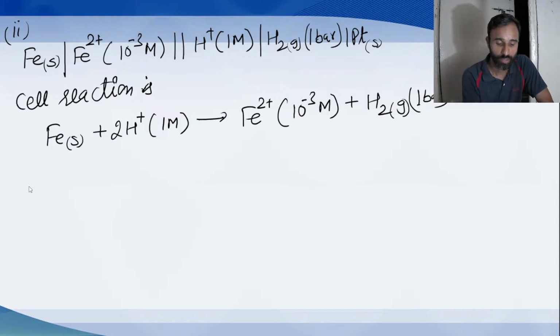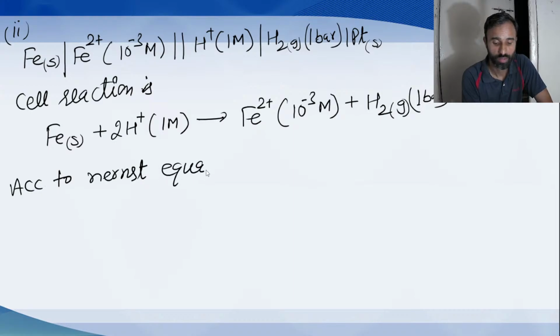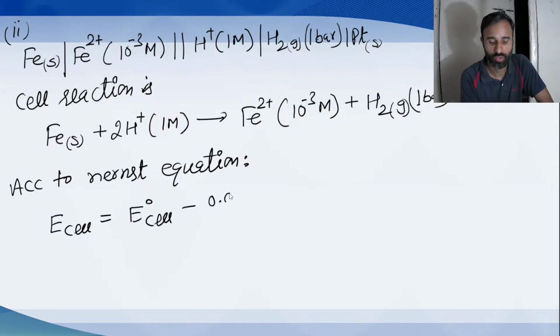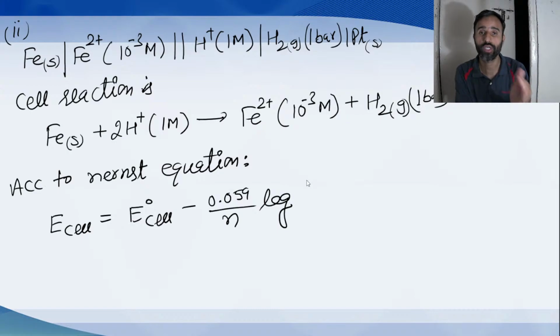Now, according to the Nernst equation, E cell is equal to E naught cell minus 0.059 over n log of product over reactant.